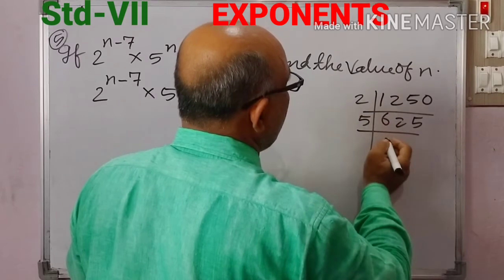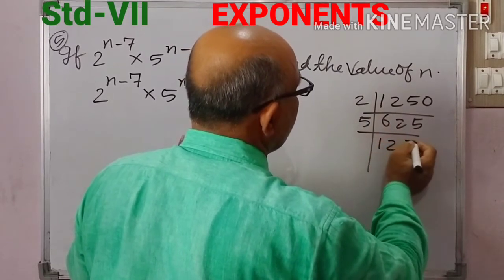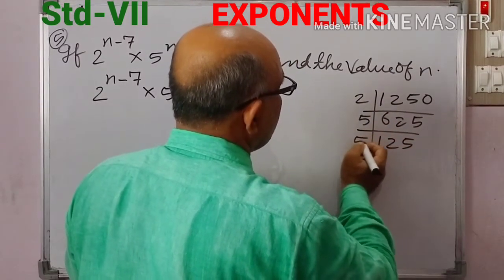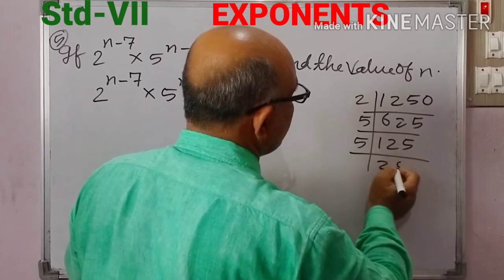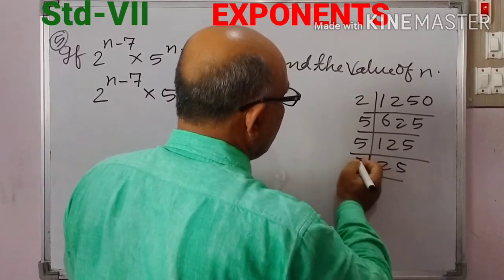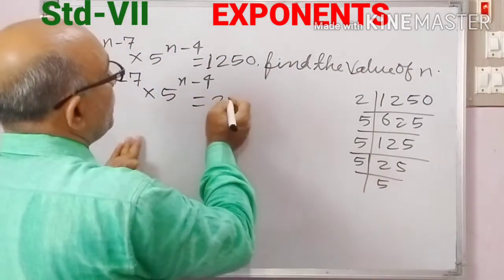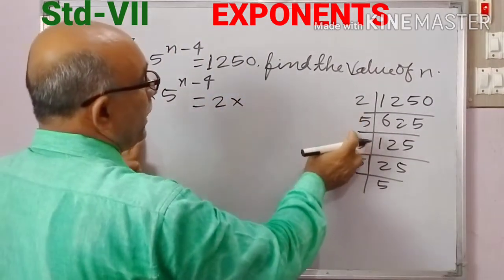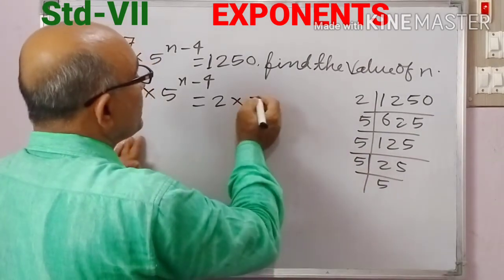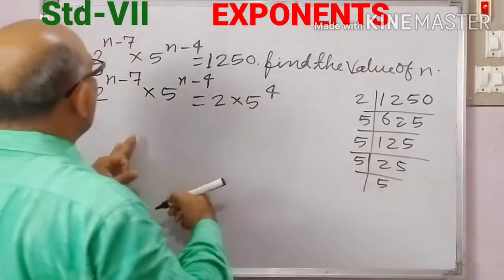Now 5 times 125. Now 5 times 25. Again 5 times 5. So 2 into 5, 1 2 3 4 times. So 5 to the power 4.